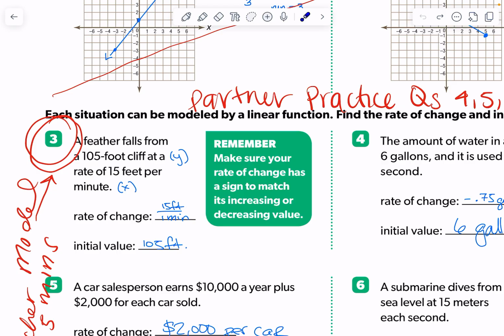So because it tells us that the distance is 15 feet per minute, this is where we get 15 over 1, which is just 15 feet per minute. And then it tells us that a feather falls from a 100-foot cliff. So it falls from, that means it's our initial value.